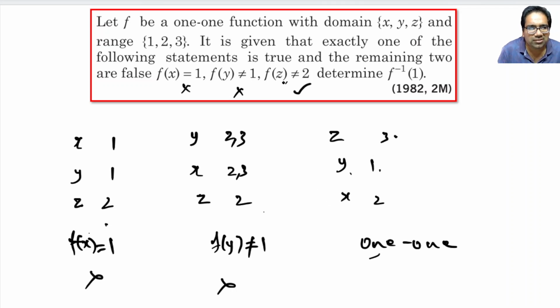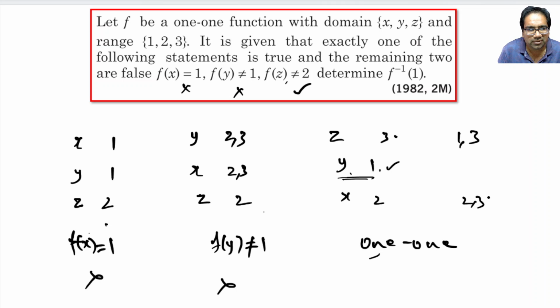So what we have done: z is not equal to 2, which means z can be 1 or 3. And y not equal to 1 is false, which means y equal to 1. We are able to establish what f of y is. Then x equal to 1 is false, so x can be 2 or 3.